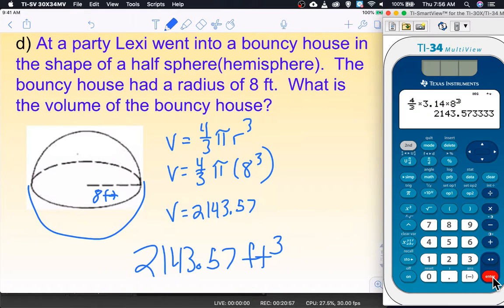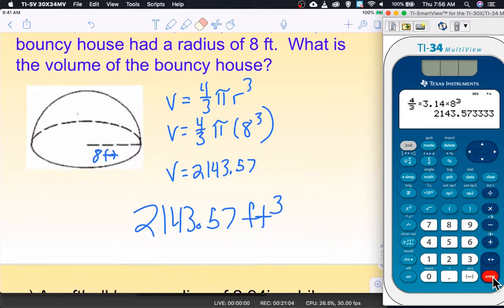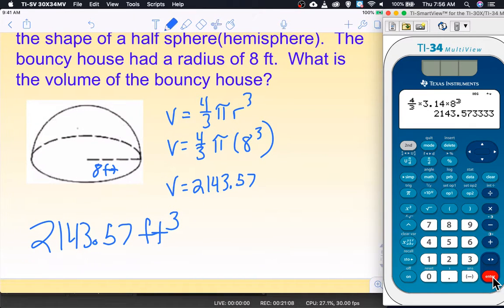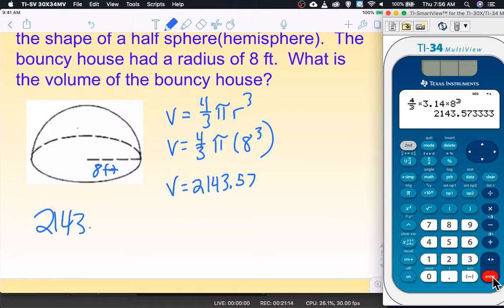So that's the volume of the sphere, but our bounce house is not a sphere, it is half of a sphere. So I almost forgot to take that and cut it in half. Because that's not our final answer. So we're going to take that 2,143.57 and we're going to divide it by 2. We're cutting it in half.